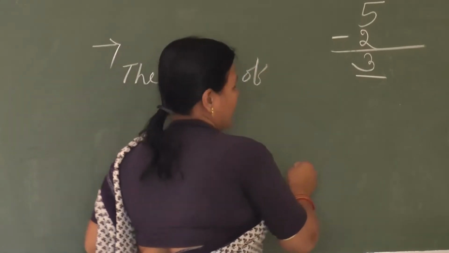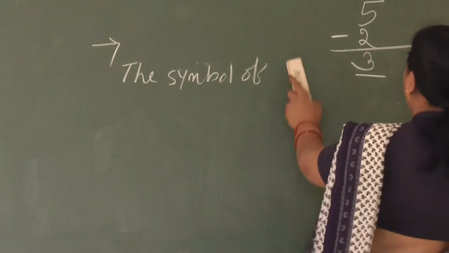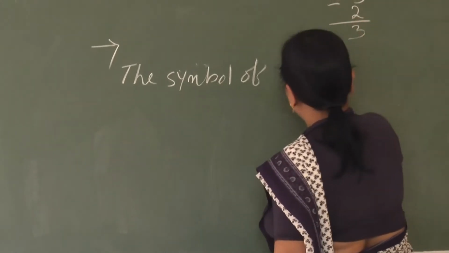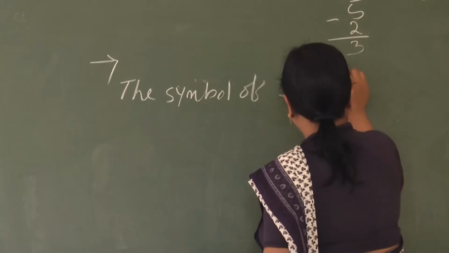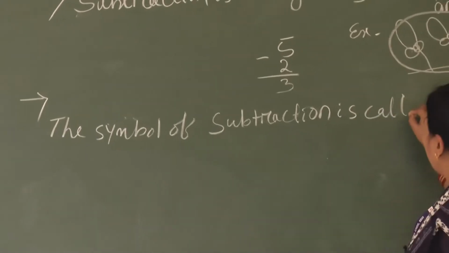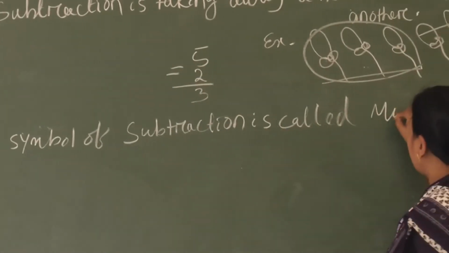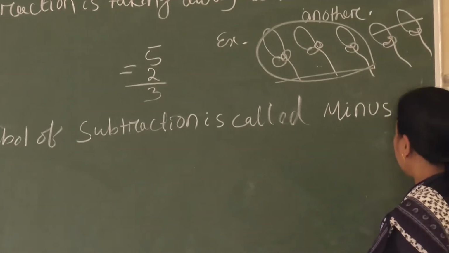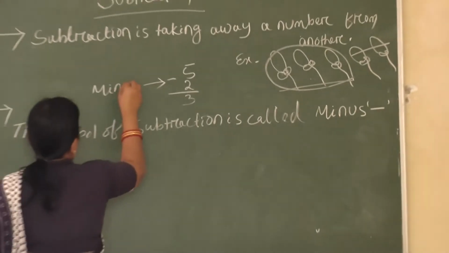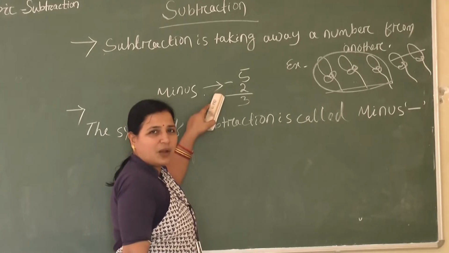The symbol of subtraction is called what? It is called minus. This symbol name is minus. So that minus symbol I am using in subtraction.